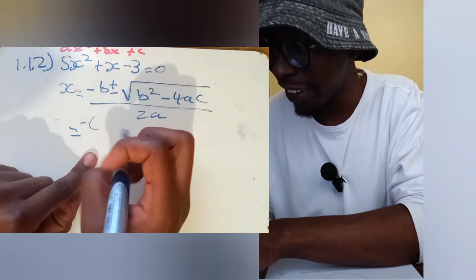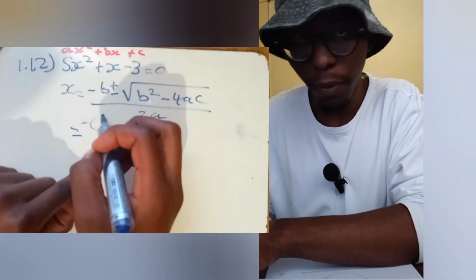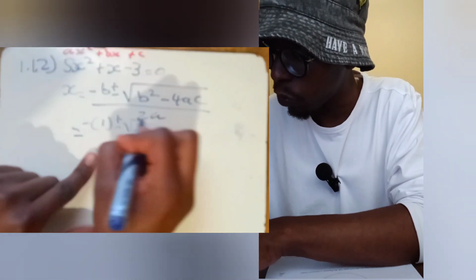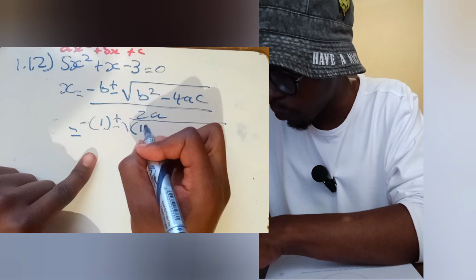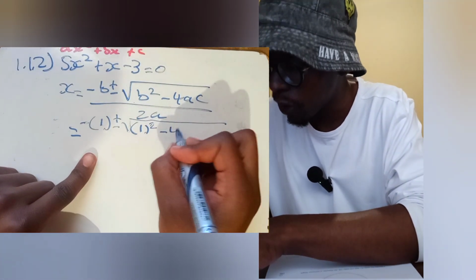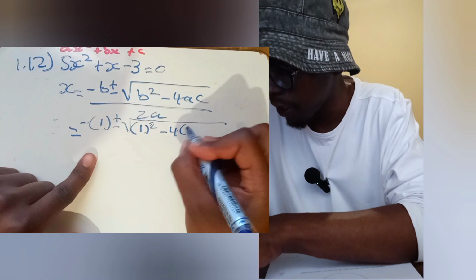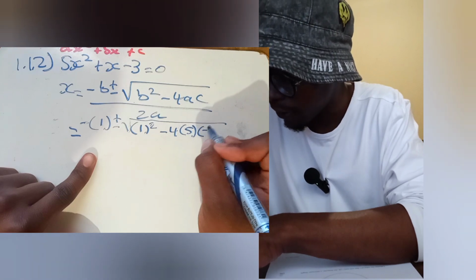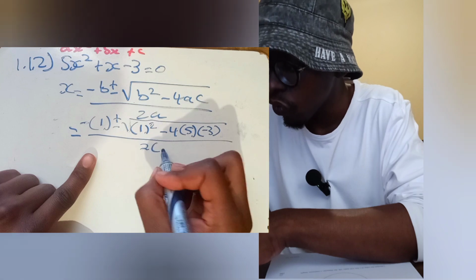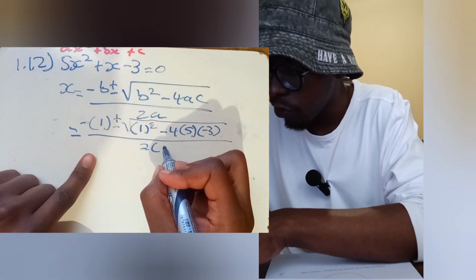So now I simply say negative b, what's my b value, in brackets? My b value is 1, plus or minus the square root of my b value, which is still 1, so 1 squared minus 4. What's my a value? It's 5, and then my c value is minus 3, and I have to say all over 2. My a value is what? 5.